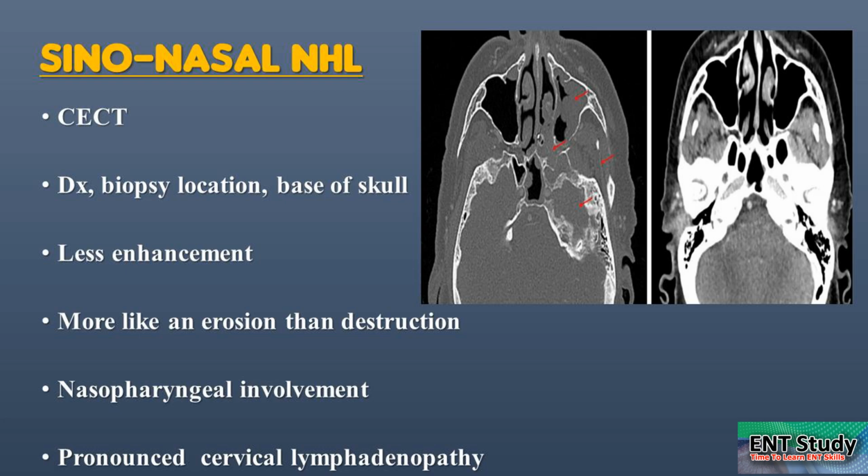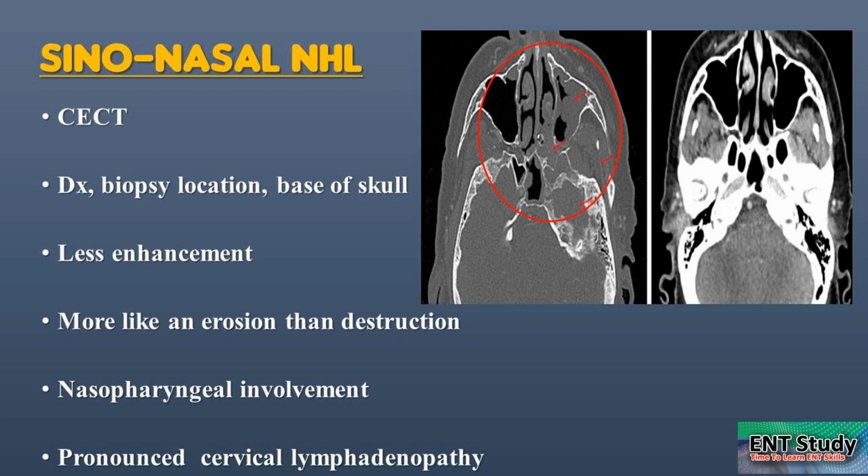So this is very important. Number one, it is usually associated with much larger lymph nodes, and nasopharyngeal involvement is relatively more common with it. Secondly, the pattern of bone erosion is less like destruction, more like pressure erosion. This is one very practical point that comes up with practice.